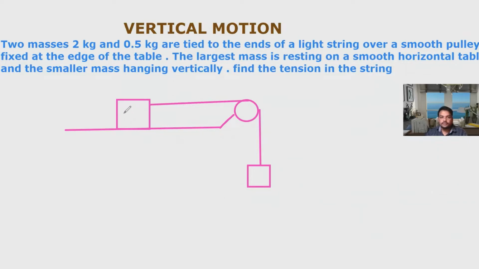Larger mass 2 kg, let it be M1. Smaller mass 0.5 kg, let it be M2.